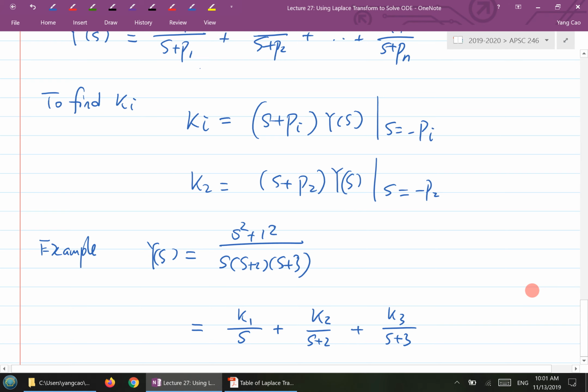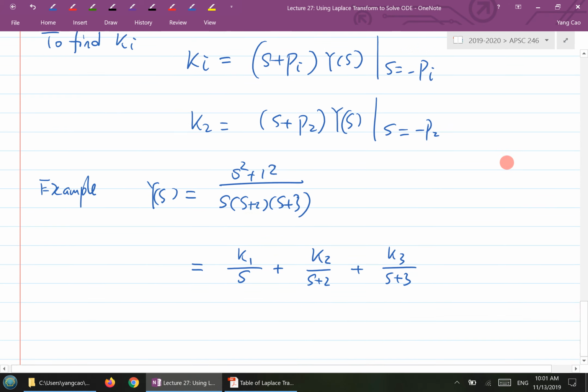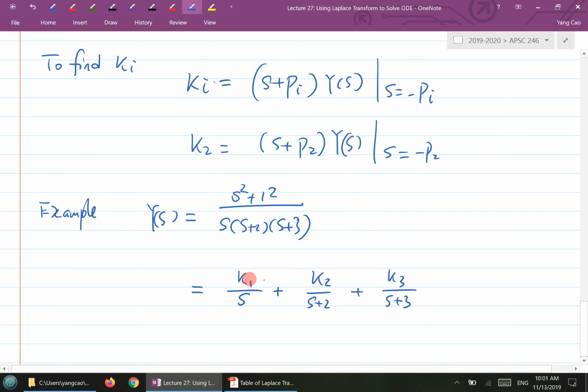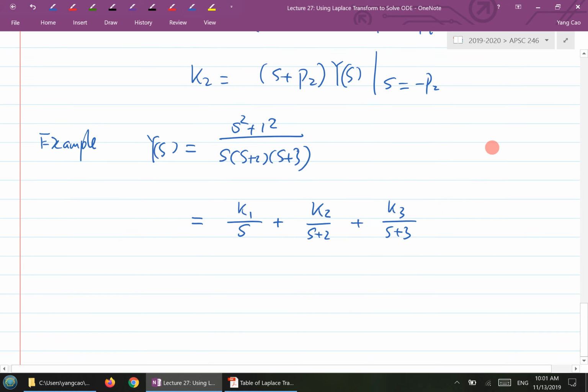Is it good so far? Okay. Now let's use the formula to find k1, k2, k3.